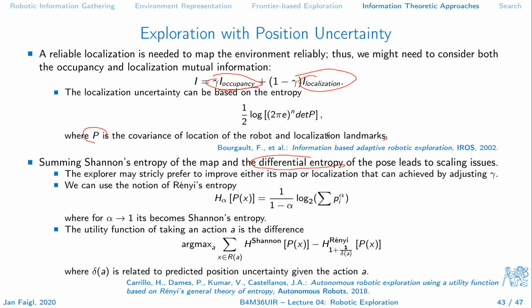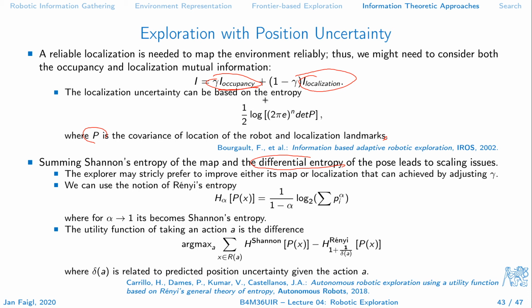So that's troublesome from the computational point of view. So that's the problem we need to address. And of course, there are a couple of approaches. But what we can actually consider is that the exploring unit may strictly prefer to improve either its map or localization.